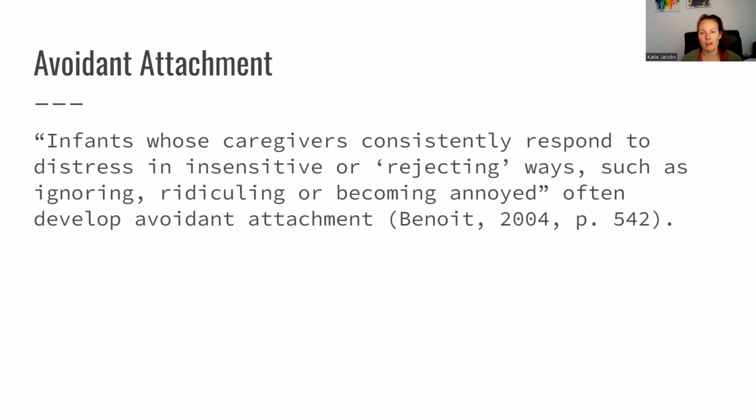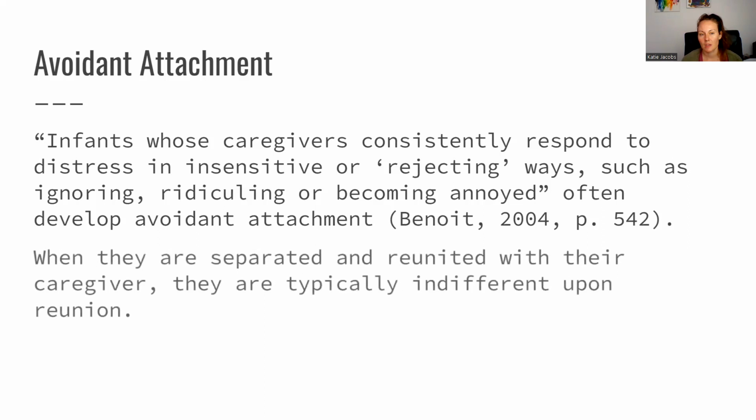Avoidant attachment: infants whose caregivers consistently respond to distress in insensitive or rejecting ways, such as ignoring, ridiculing, or becoming annoyed, often develop avoidant attachment. When they are separated and reunited with their caregiver, they are typically indifferent upon reunion.